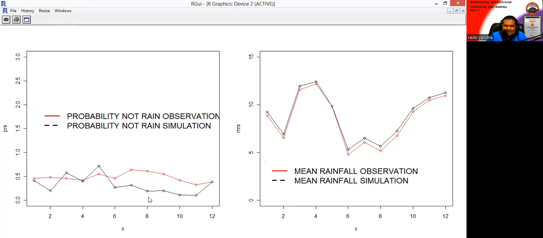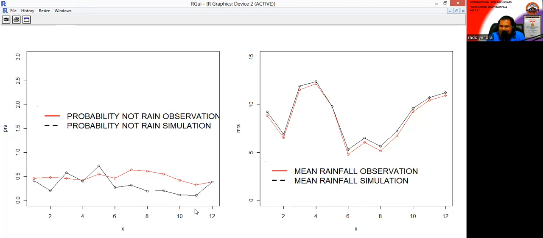We can check here, from June until November, the number of zero data for the synthetics, or simulated, rainfall is smaller than the number of zero data from the real data. So that's why we are only successful in discussing how to generate synthetic daily rainfall for January, March, April, and December.